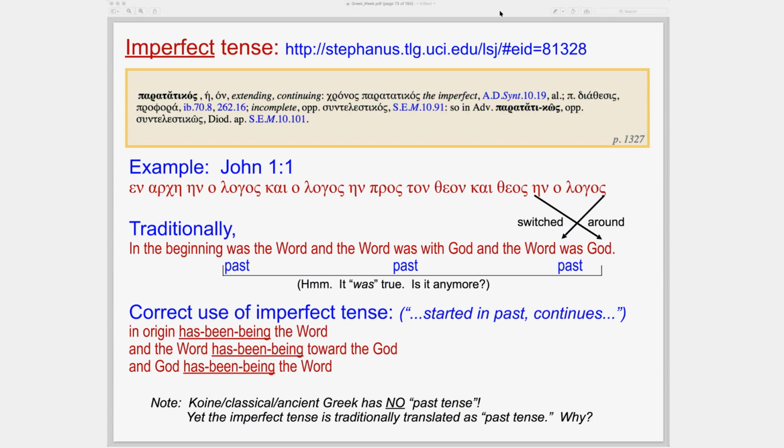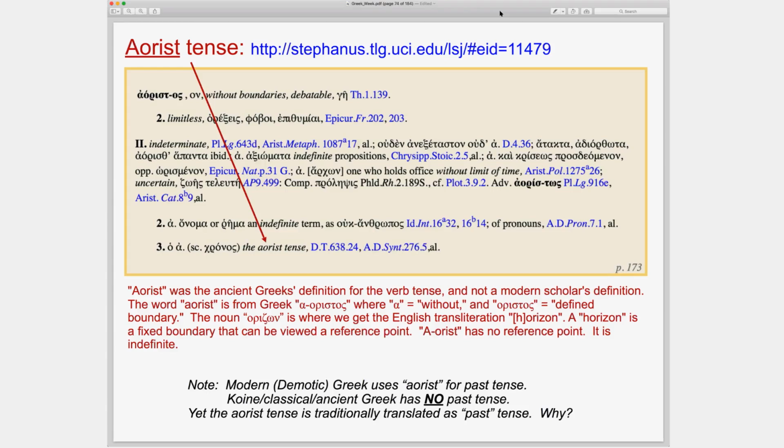Okay, let me do my clicks here. The aorist tense is the other tricky one. Again, I'm going to drive it back to the original definition by the ancient Greeks. Aoristos. A is without, oristos is boundaries. Okay, see that?